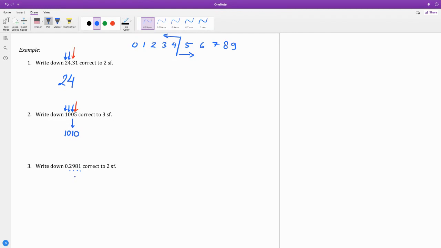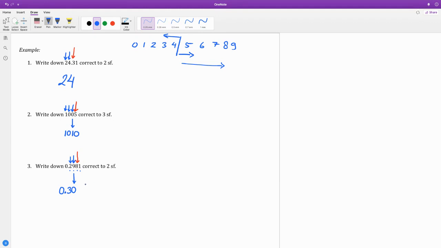We need to round it correct to 2 significant figures. Here's the first one, here's the second one. Look at the next digit. It's 8. Since 8 is greater than 5, we need to round it up. So we add 1. 29 plus 1 becomes 30. But it's not 30, it's 0.30.